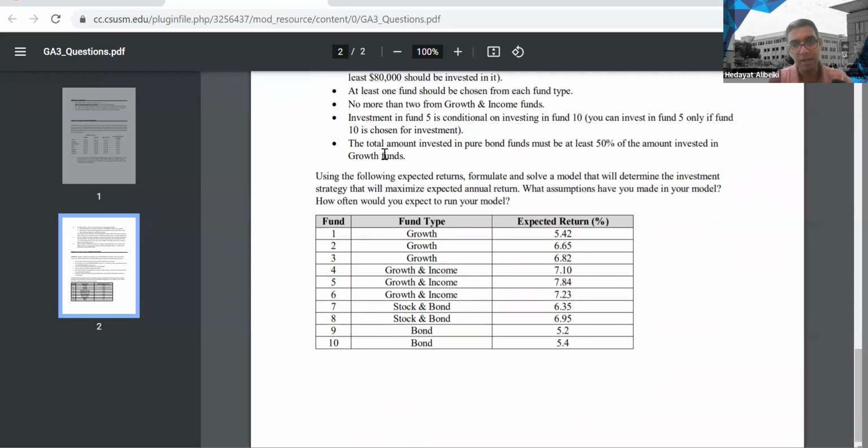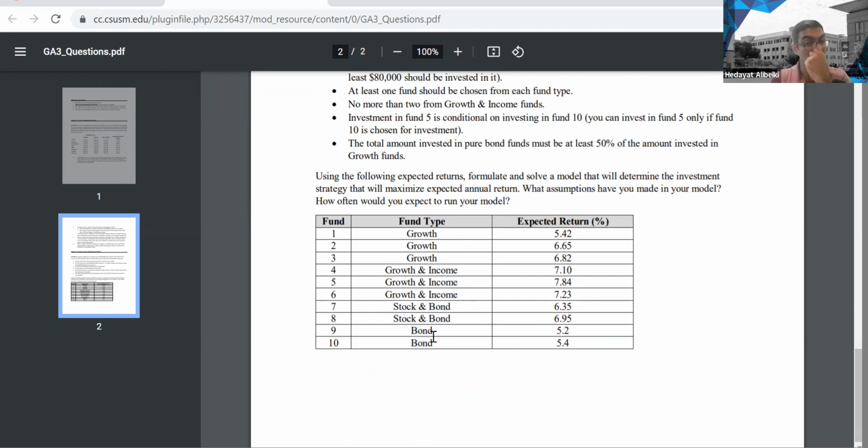Let's just wrap it up. The total amount invested in pure bond funds, the last two, must be at least 50% of the amount invested in growth funds, the first three. The last two, the amount should be greater than or equal to 50%.